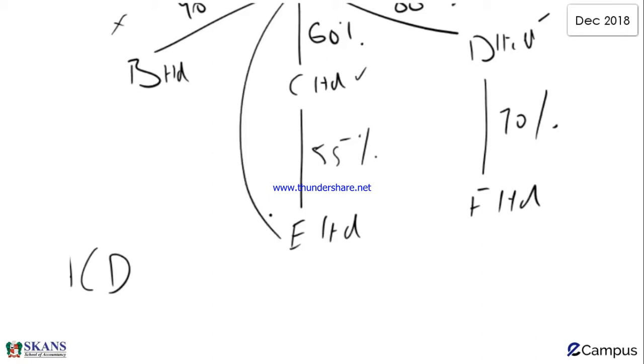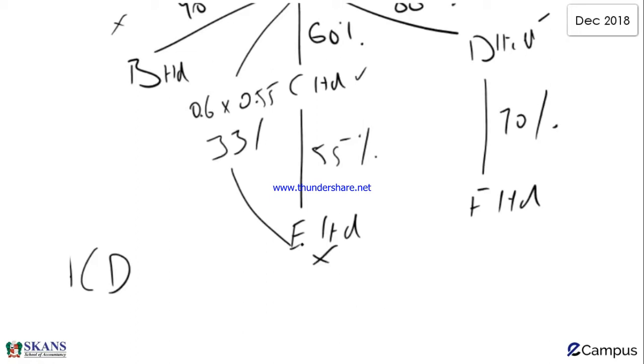Well, for that, you have to look for effective holding. Effective holding over here would be 0.6 into 0.55, or in other words, we can say 60% of 55%. E could not be member of 51% group companies. On the other hand, what is the holding of A into F?